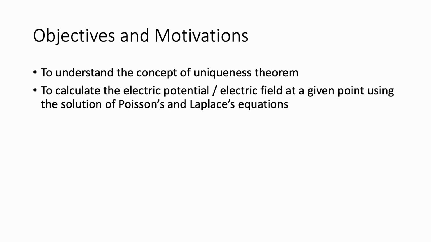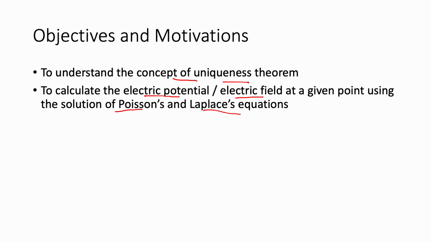In this chapter you should understand the concept of the uniqueness theorem, and you should also be able to calculate the electric potential or electric field at a given point using the solutions of Poisson's and Laplace equations.